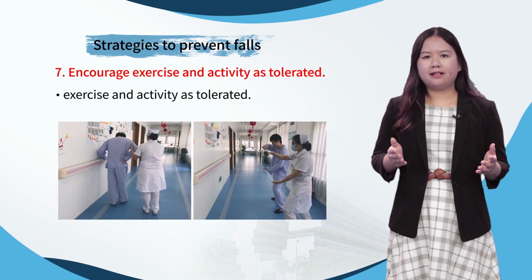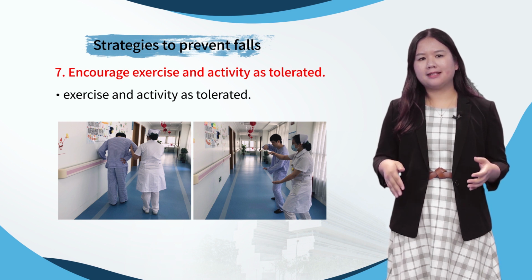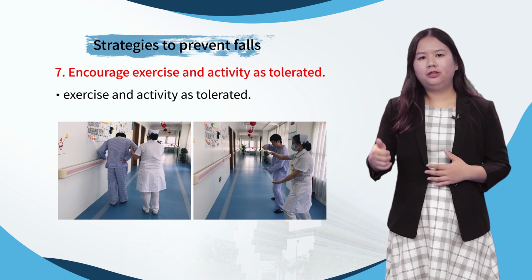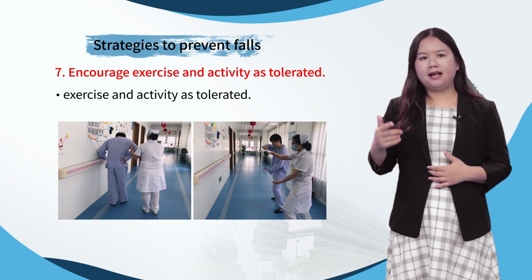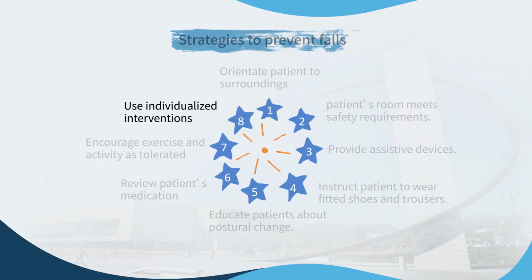Physical activity can go a long way toward fall prevention. Encourage the patient to take appropriate exercise and activity to maintain muscle strength, joint flexibility, and balance, such as walking and Tai Chi.